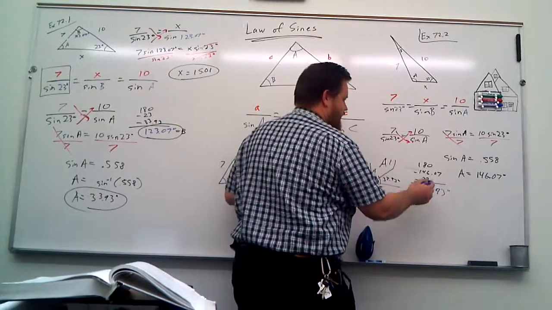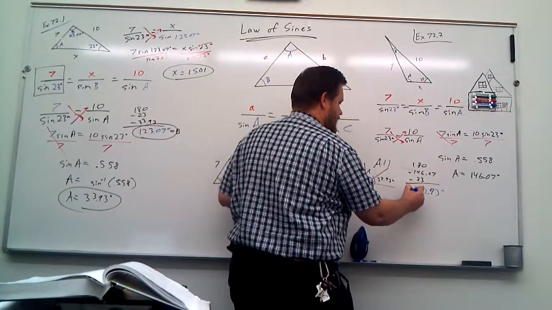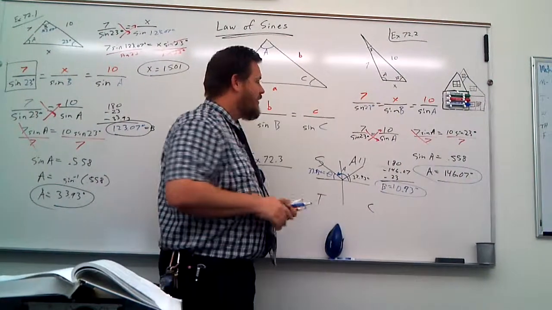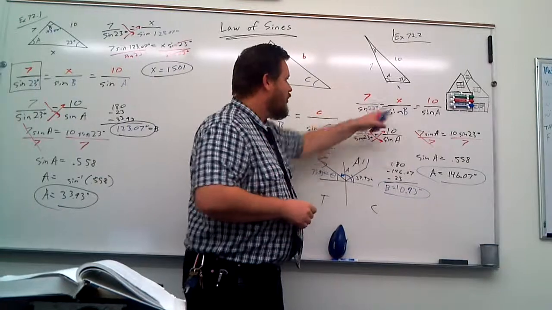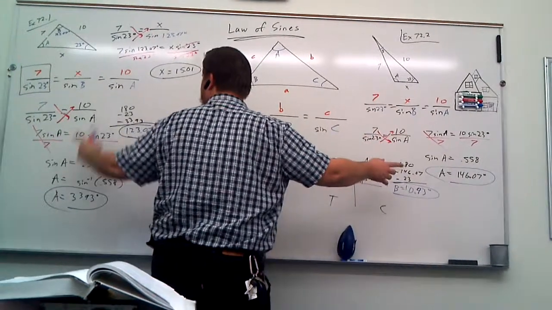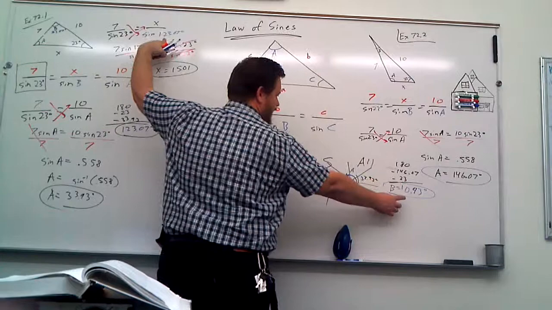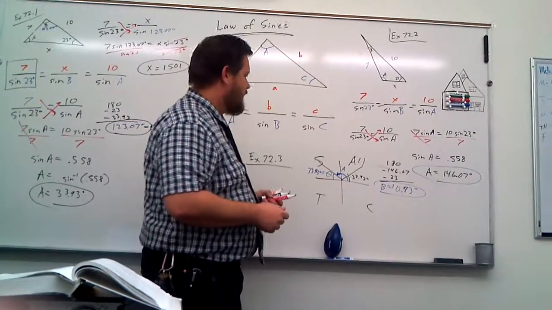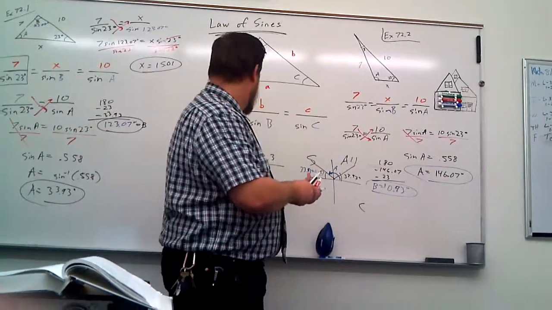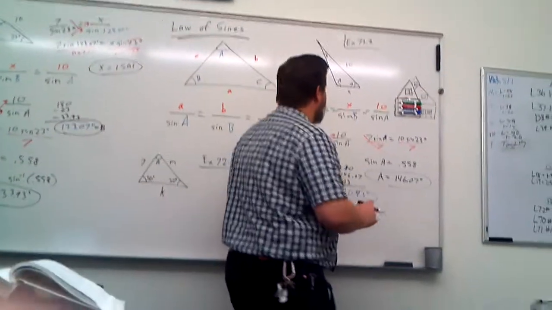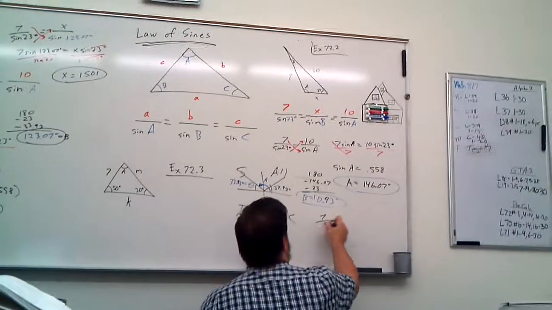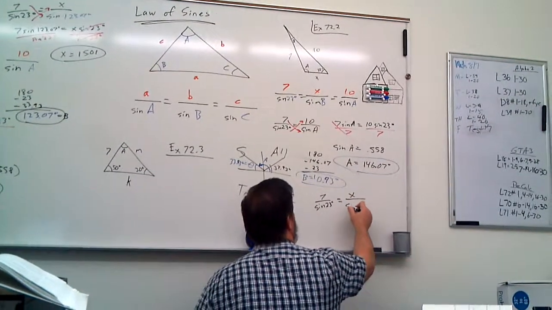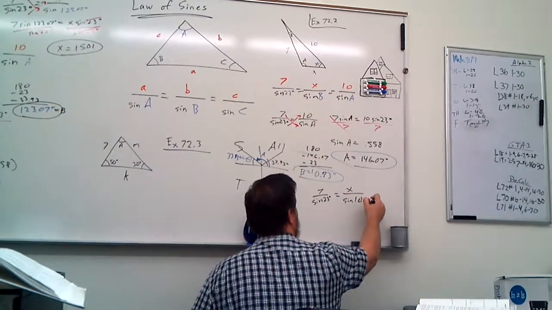All right, so this one here is going to be angle B. So we have angle B here, angle A is this one, and then we can fill in for side x, which we're going to get a different answer now because we have a different angle that we're plugging into the equation: 7 over sine 23 equals x over sine of B, but this time B is 10.93 degrees.